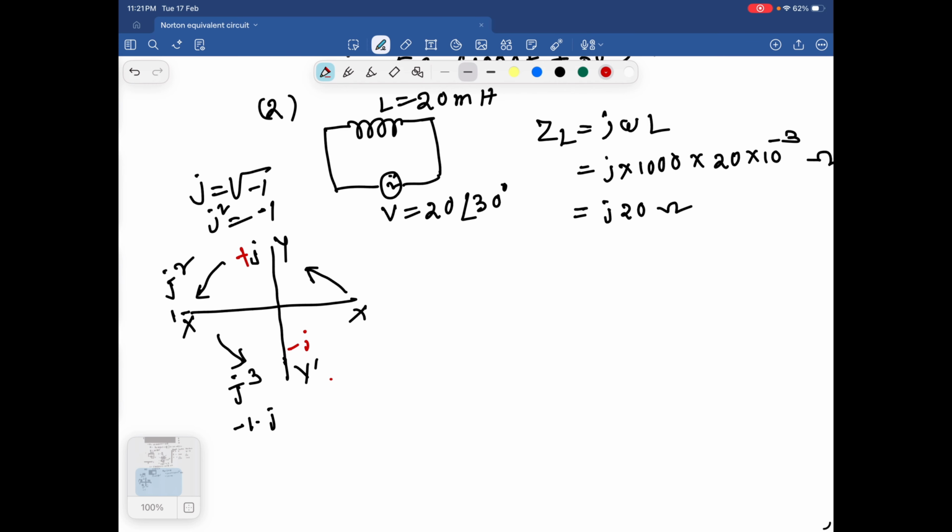Now if you again multiply j cube into j, this is j to the power 4, that is j square into j square, that is minus 1 into minus 1, plus 1. So here it is plus 1. So whenever there is an inductor, it is plus j omega L.